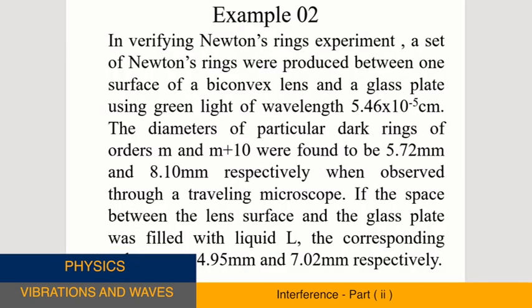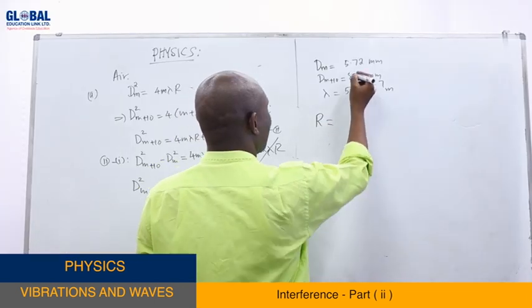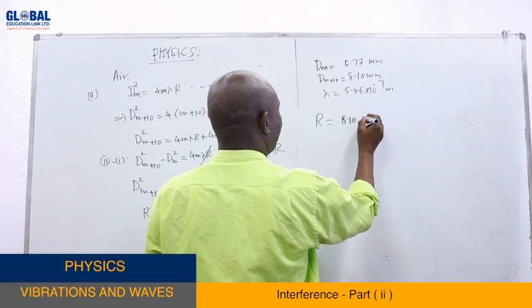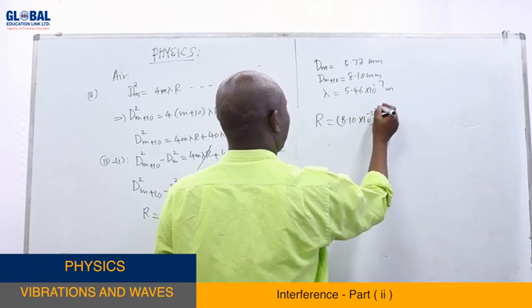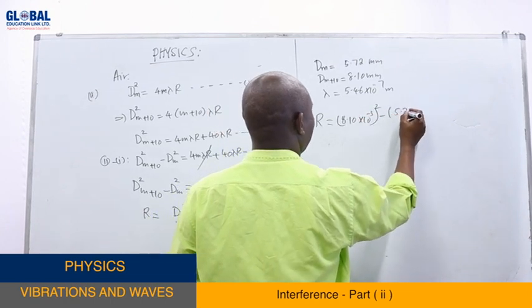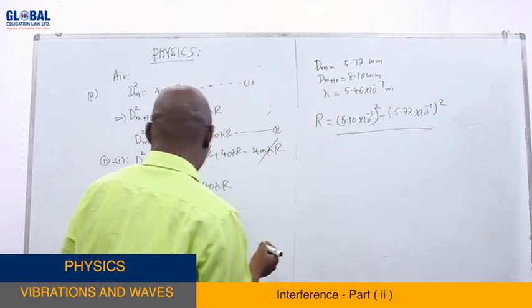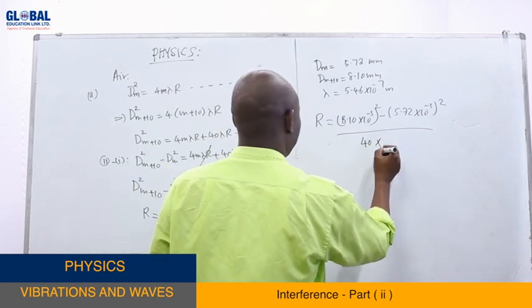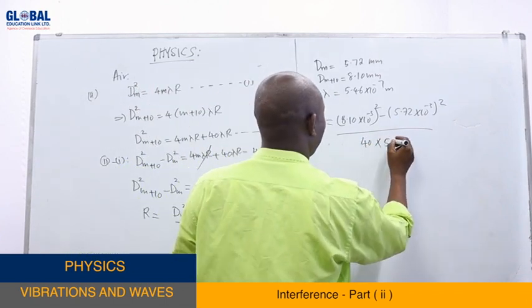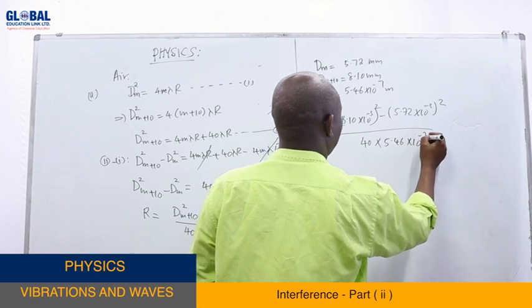The wavelength is given as 5.46 times 10 to the negative 7 meter when converted into meters. Plugging in the values, R equals (8.1 times 10 to the negative 3) squared minus (5.72 times 10 to the negative 3) squared, divided by 40 times λ, where λ is 5.46 times 10 to the negative 7.